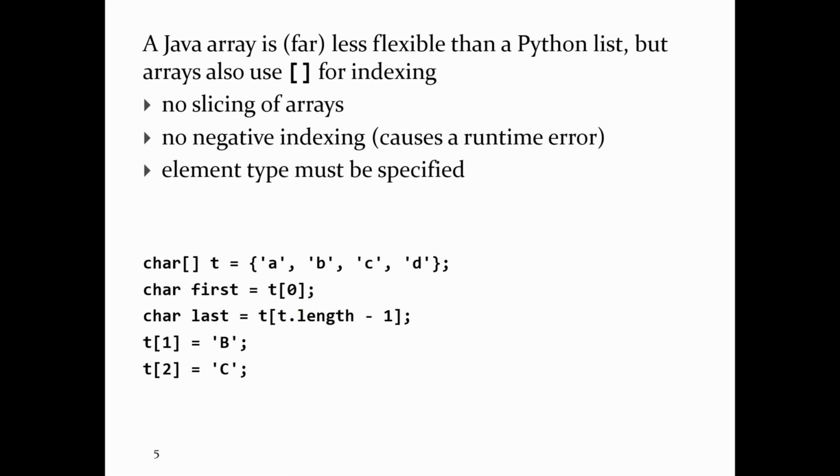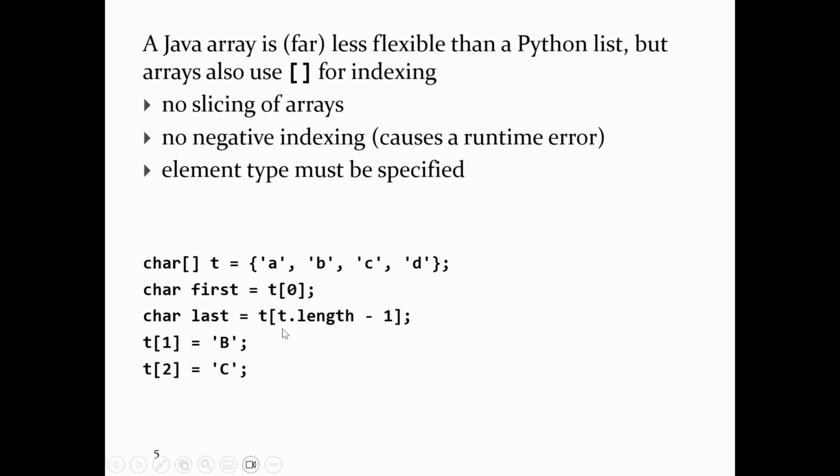So technically, length is what's called a field belonging to the array T. You can think of it as being a variable that belongs to T, and its value is always equal to the number of elements in the array. So here, T.length is 4: 1, 2, 3, 4. You can't change T.length. If you wrote T.length equals 5, the compiler will flag that as an error. So you're not allowed to assign to the value T.length.